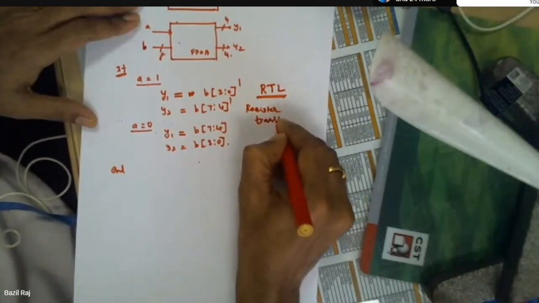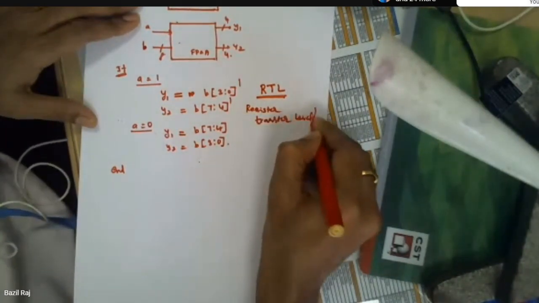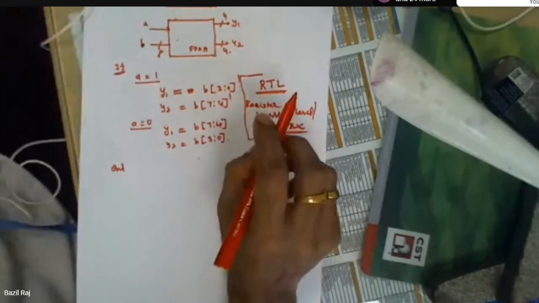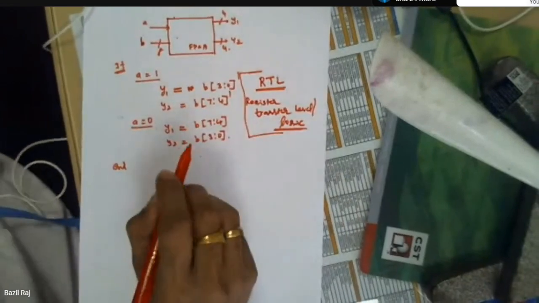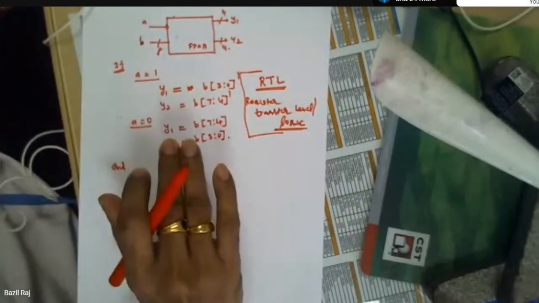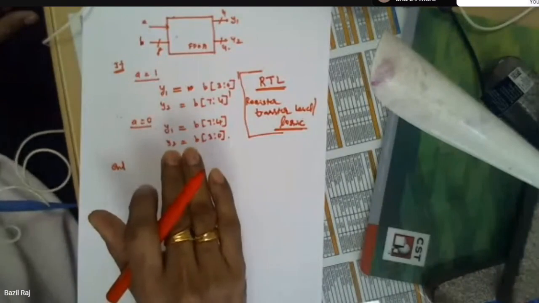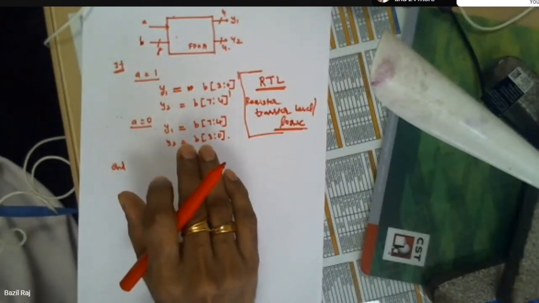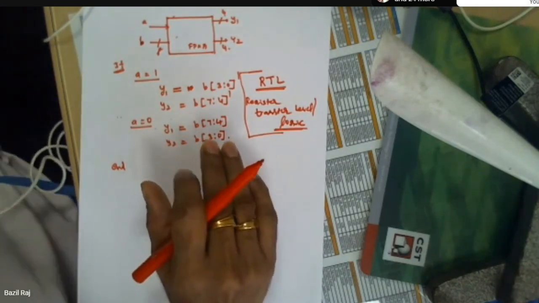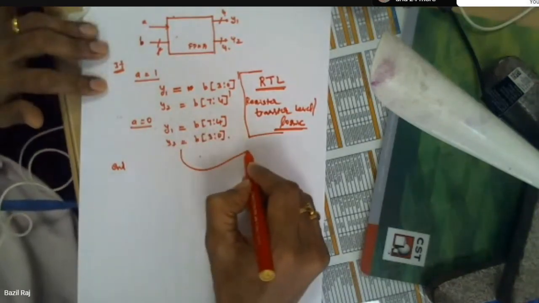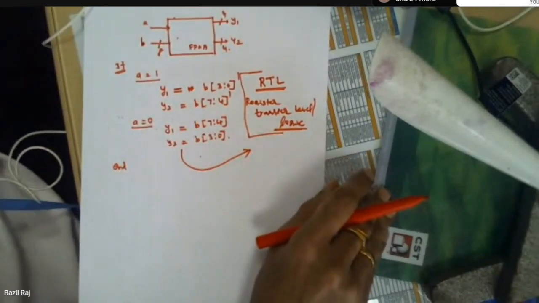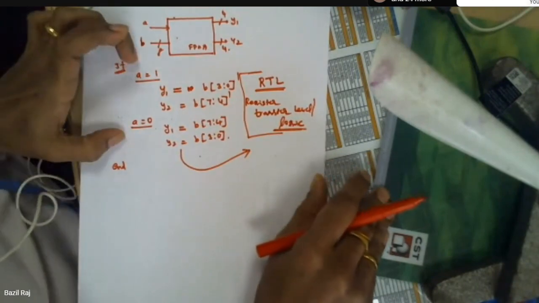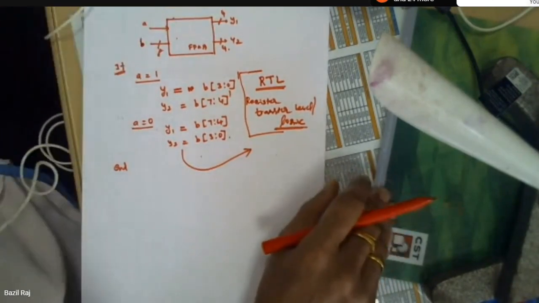That means the algorithm, the design that we made in the software will be converted into some other form which is suitable for the hardware implementation, the hardware link. You got the idea? So this code will be converted into RTL level, register transfer level. That means your algorithm will be converted into the hardware.